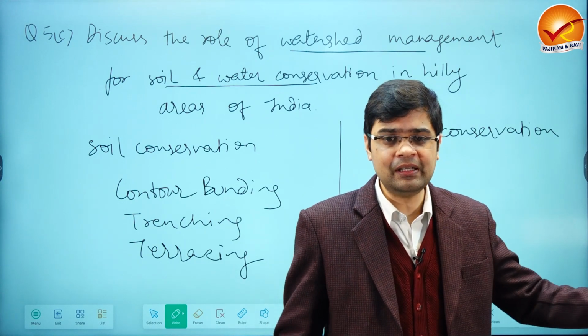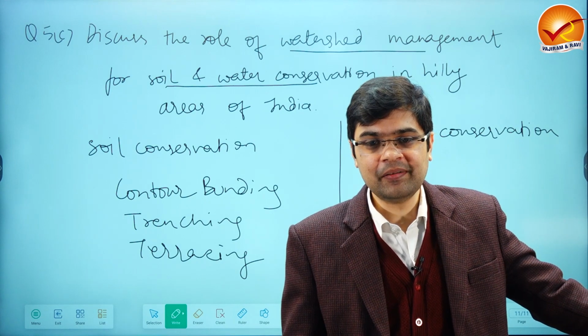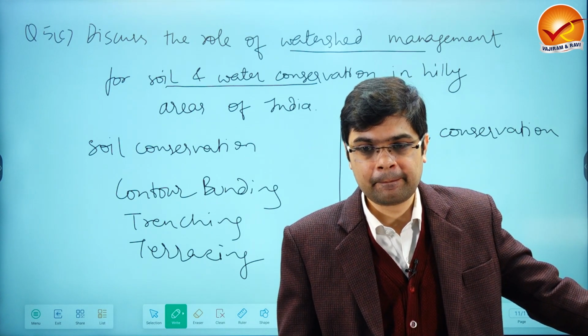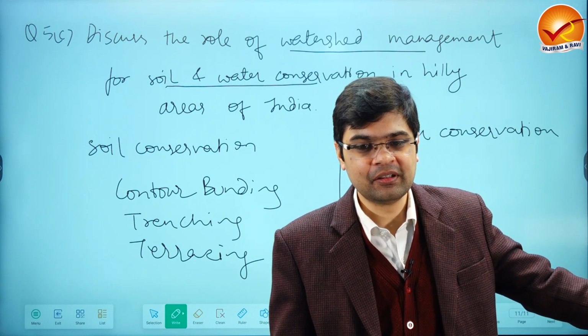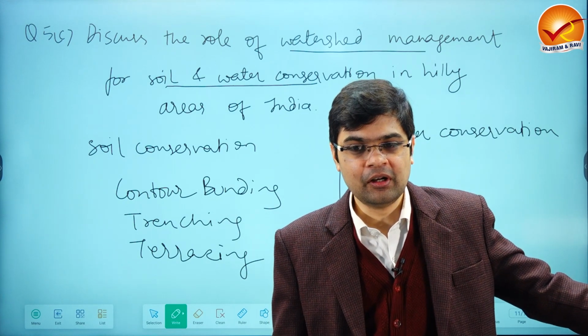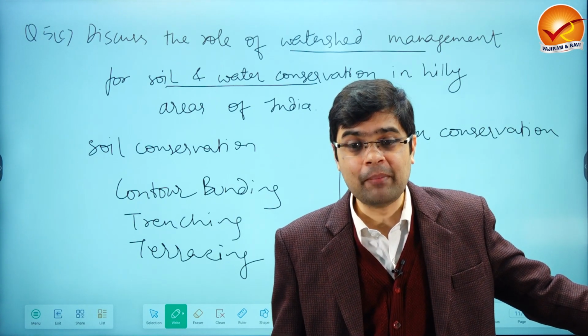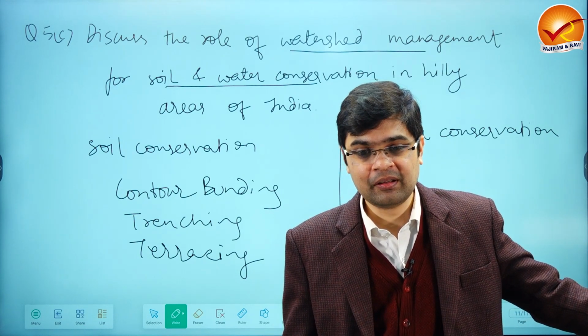All of these are related to the hilly regions. In water conservation, traditional systems of water conservation of hilly areas: Zings, Kuls, Zabo, Nola, bamboo drip irrigation, Surangam. Okay.